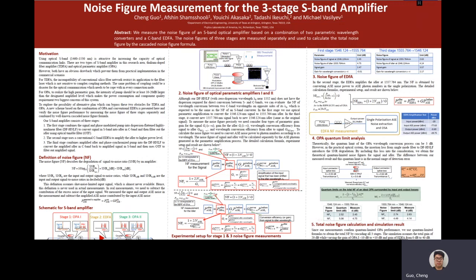For optical parametric amplifier, to realize the high parametric gain required by the optical communication system, it needs at least 10 to 100 times larger pump signal than the designed amplified level, which makes power consumption and component quality requirements two biggest concerns of this system.